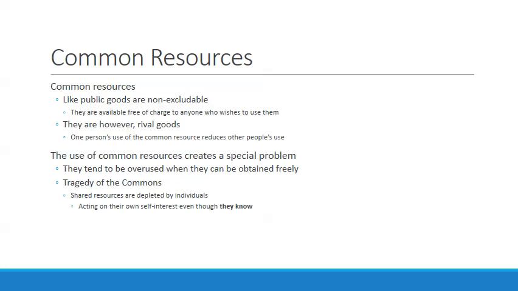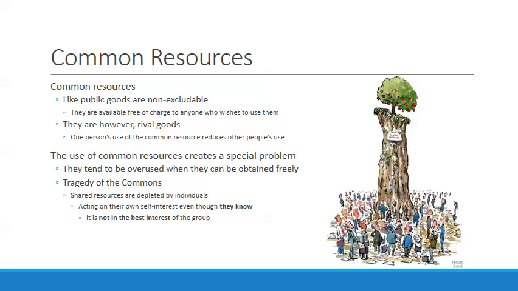But you're not worried about it because this lake is huge. So it's not like you're thinking, oh, I'm going to go catch the only fish in here. No, you know that all the fish you catch, that's one less for someone else, but because the lake is so big, you're going to act in your own self-interest and do it anyway. That's kind of what they're saying here. Now, obviously this policy is not in the best interest of the group, but that doesn't stop the individual.